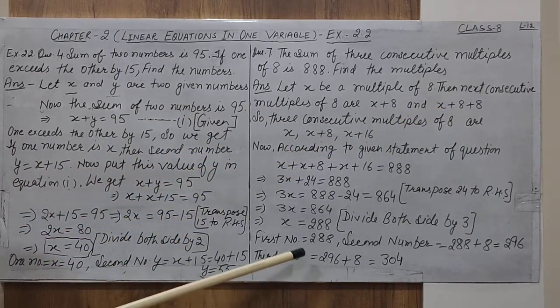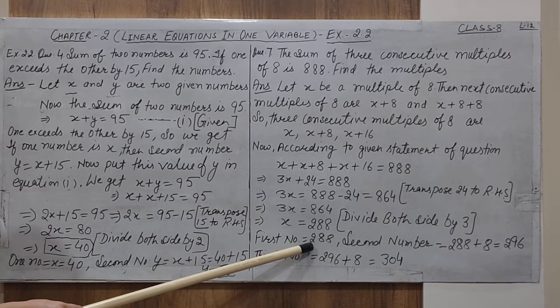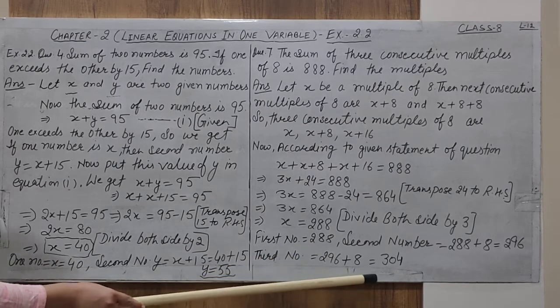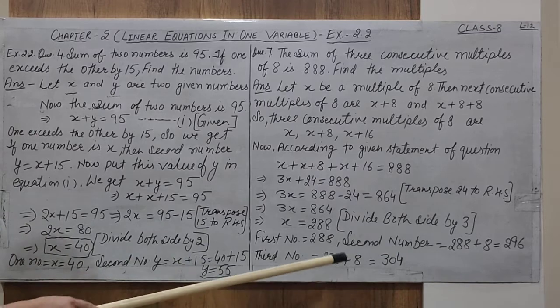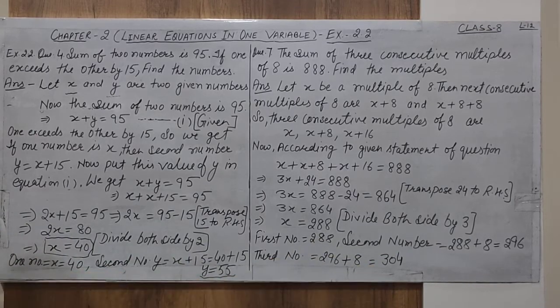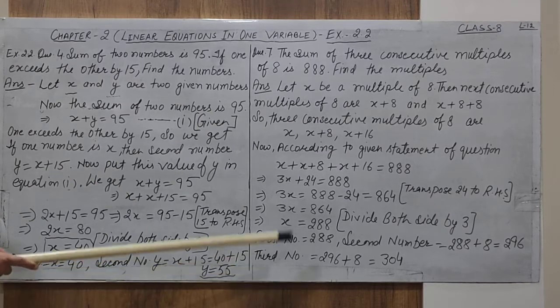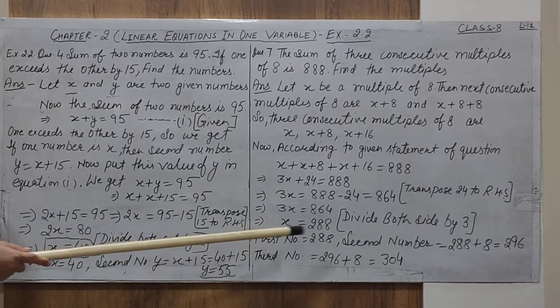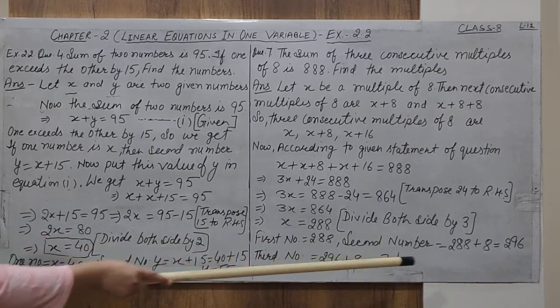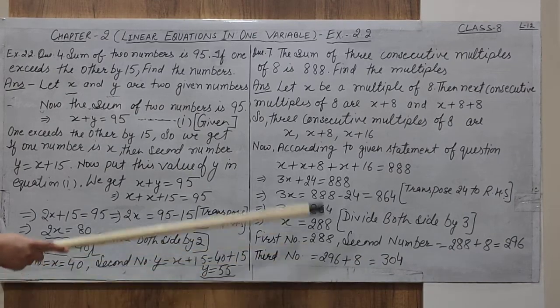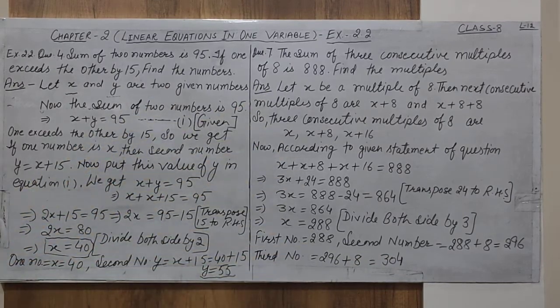You can do x plus 16, that is 288 plus 16, or 296 plus 8. Every time you must add 8, which gives 304. So the multiples of 8 are 288, 296 and 304.